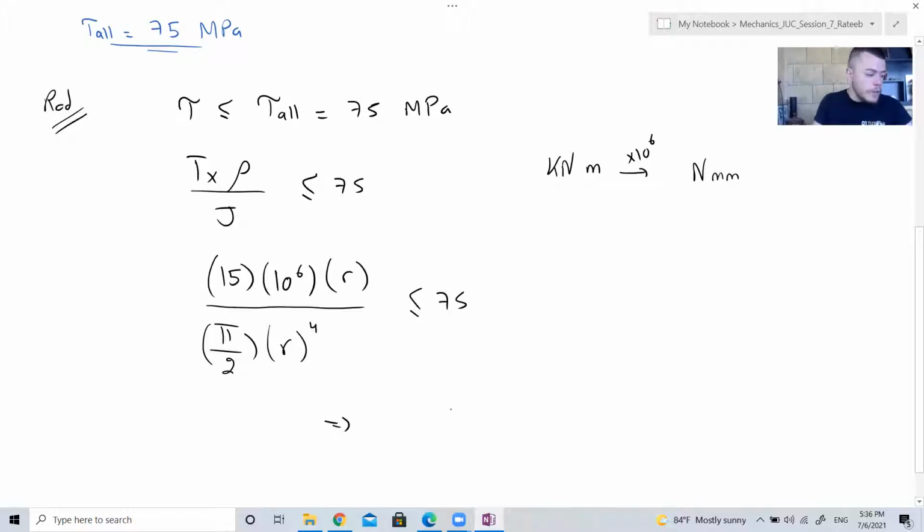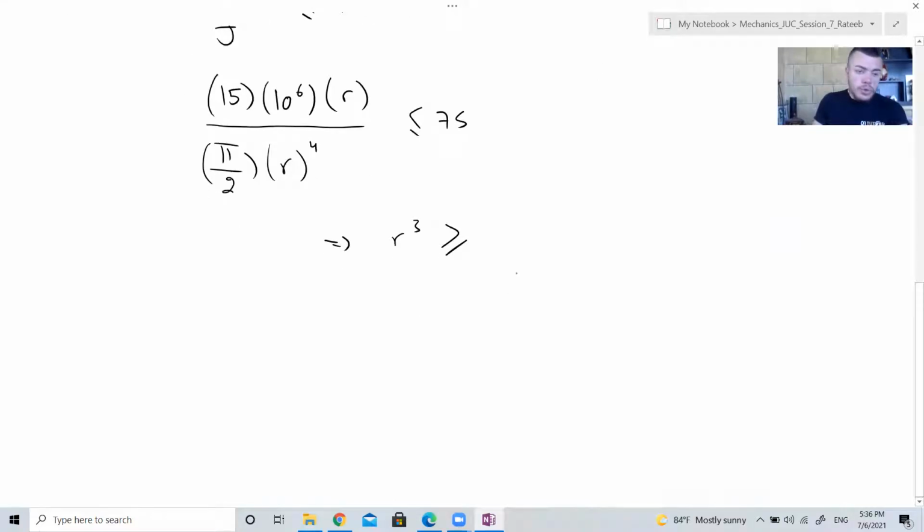If you solve this equation, you will get that R cubed should be greater than or equal to 1,273,24, and therefore the radius should be greater than or equal to 50.308.